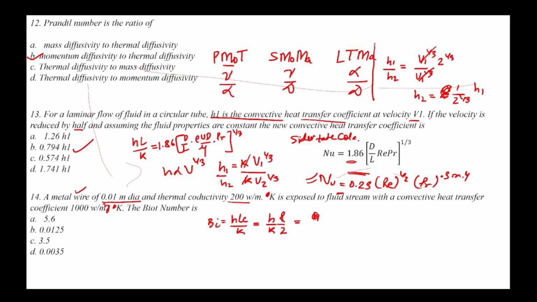So h is 1000, and the length is R/2, not D/2. Remember, D is equal to 0.01, so R is 0.01/2. So (0.01/2) times 1000 divided by 200, with the 4. So this will be the Biot number: 0.0125. So C is correct. Okay.